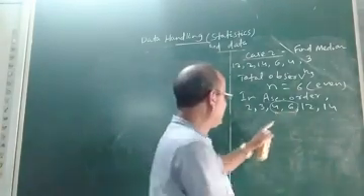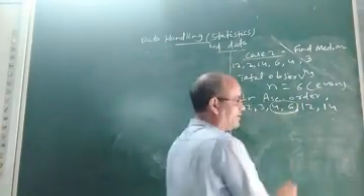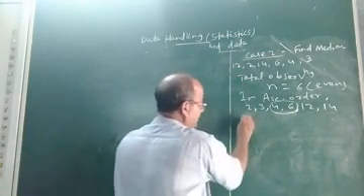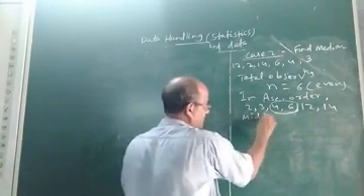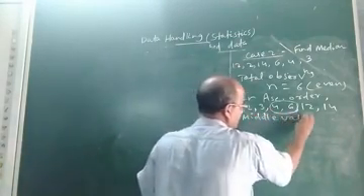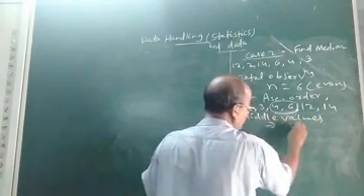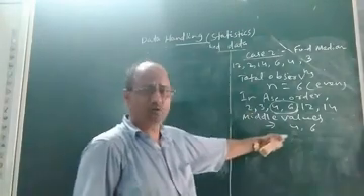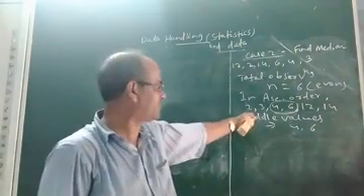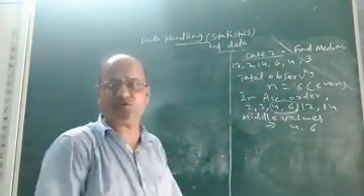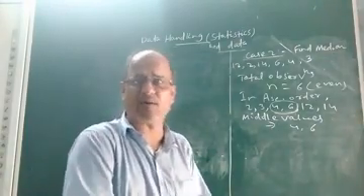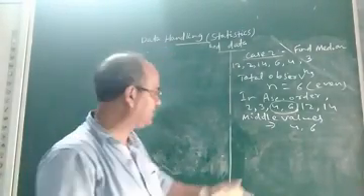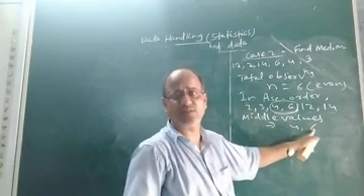So the 2 middle values are 4 and 6. Now to find the median of this ungrouped frequency distribution having an even number of observations, what will you do? Just take the average of these 2 middle values.